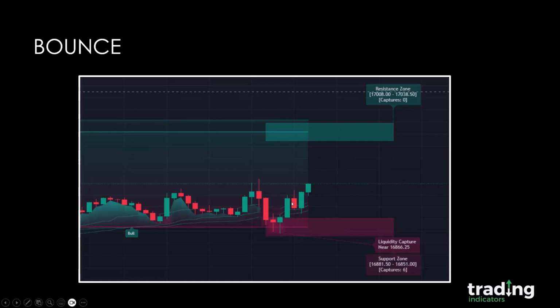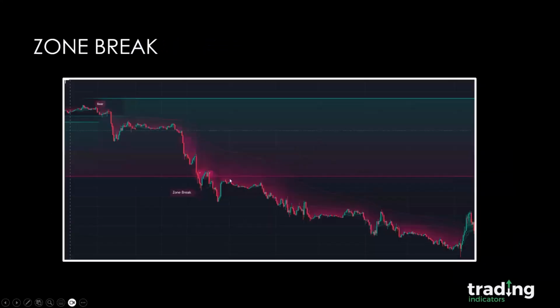At some point, of course, support might be broken to the downside. But this, once again, is an opportunity for us as traders, because then we have what we call a zone break. A zone break is a setup where we would enter in the direction of the zone break, in this case the bearish direction, in the hope that prices are going to continue in this direction for quite some time.